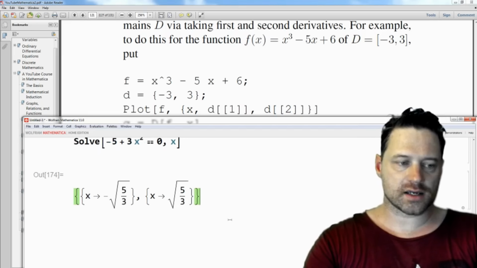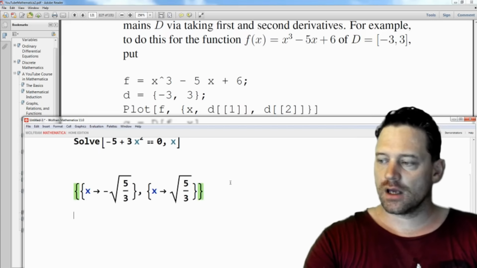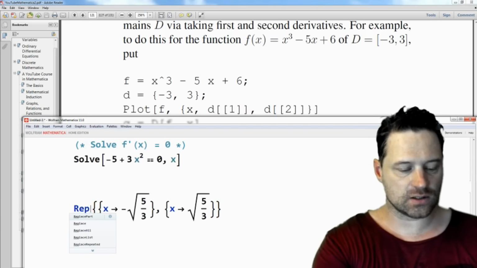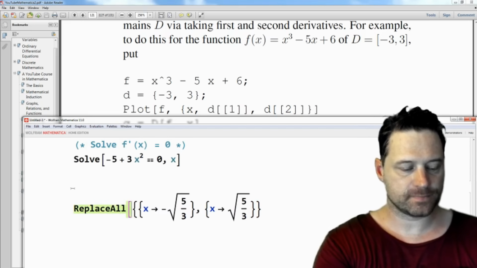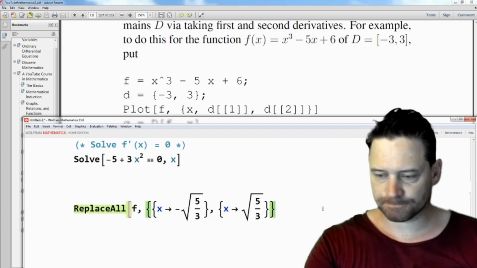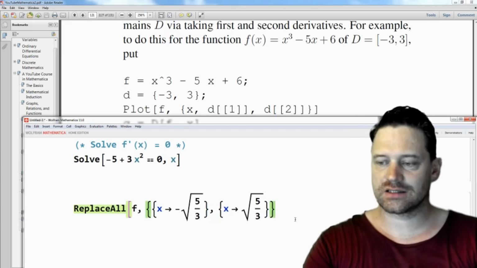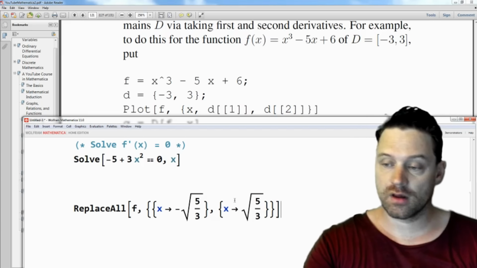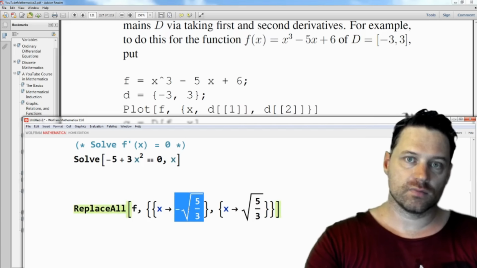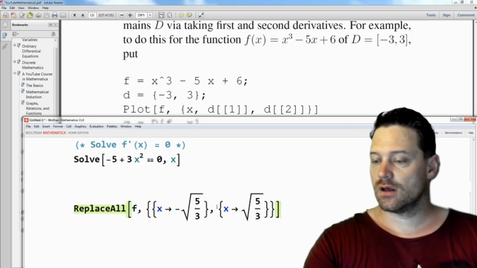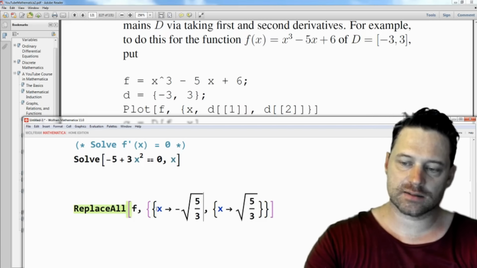Actually, you know what? I can just click enter, and I can instead say replace all f, and I'm going to replace the x in that function of x with minus the square root of 5/3 and plus the square root of 5/3. Okay, so I think to use this I need to get rid of some brackets.